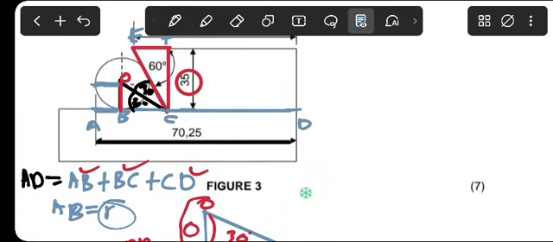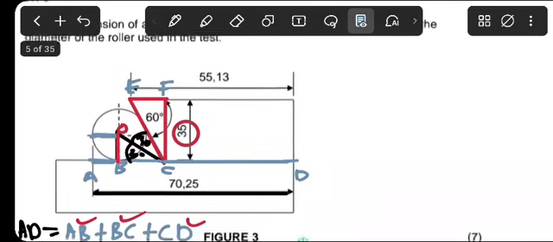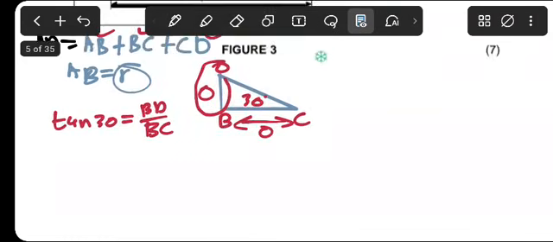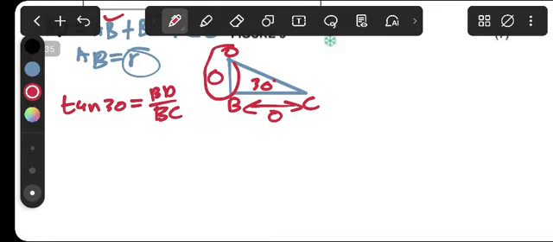Still that is the same as the radius. We are not given the radius, we don't know what the radius is, so this will simply equal tan 30 degrees. BD is the same as, it's supposed to be O, this is O there, it's the radius, we have not been given the radius, over BC.